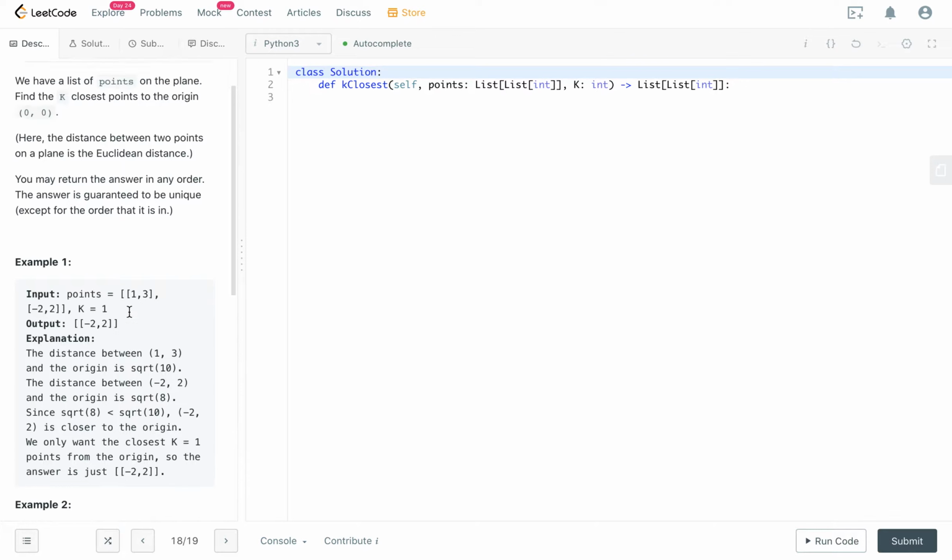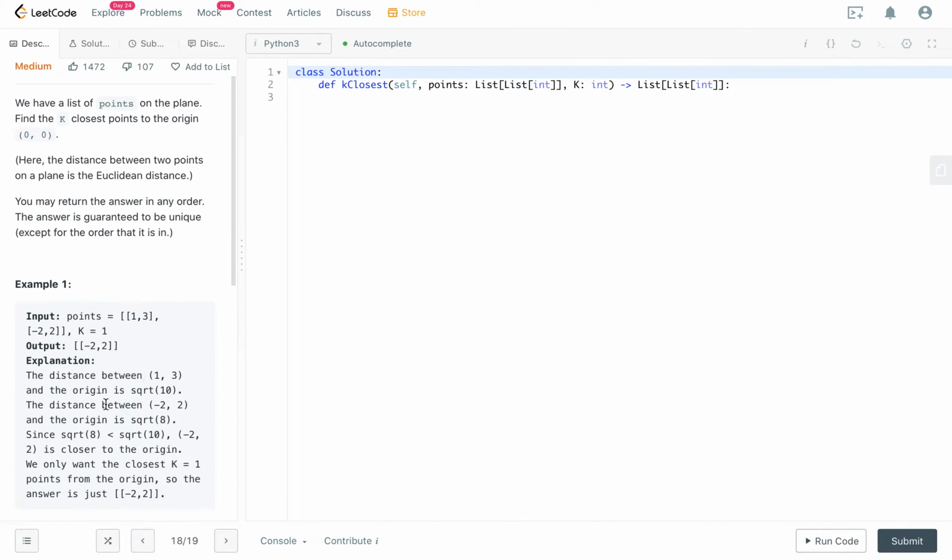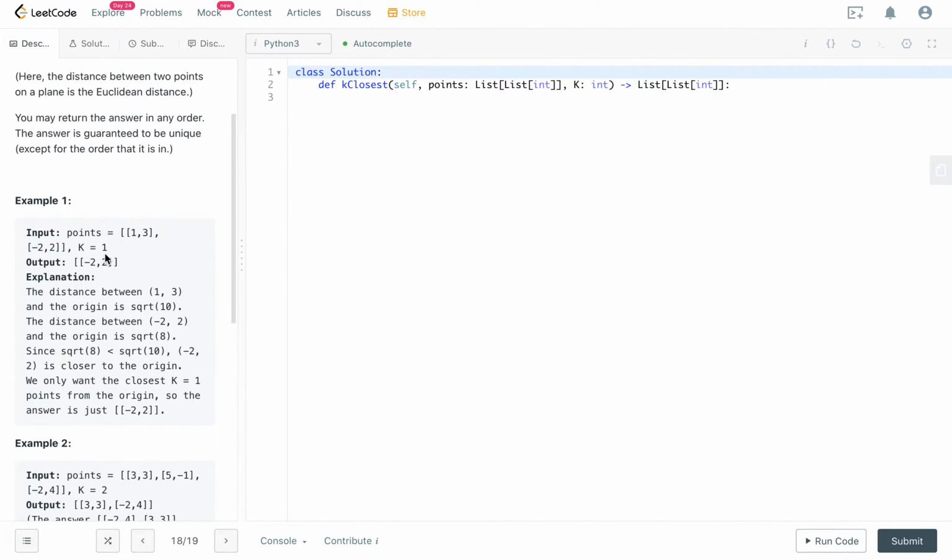Okay, so it's a little bit confusing, but let's look at an example. So points are [1, 3], [-2, 2], k equals 1, output [-2, 2]. The explanation is that the distance between (1, 3) and the origin is square root of 10, and the distance between (-2, 2) and the origin is square root of 8.